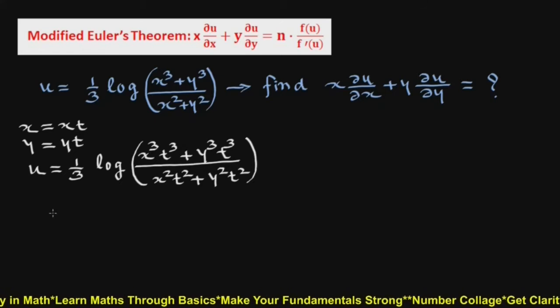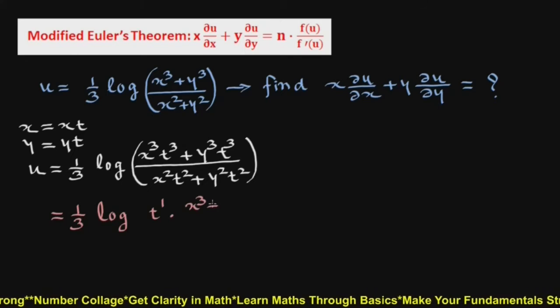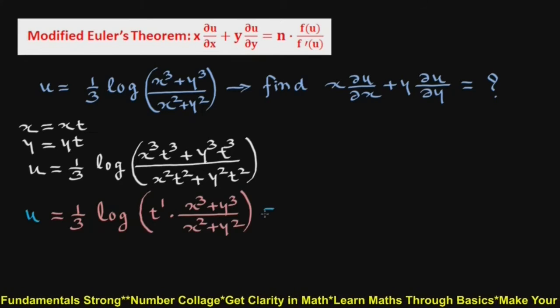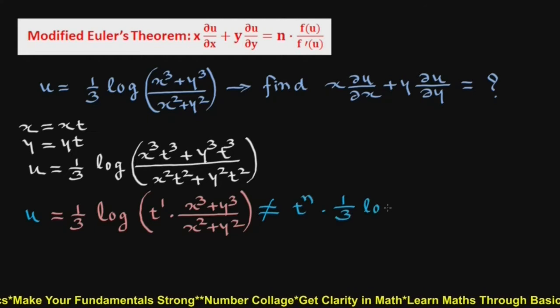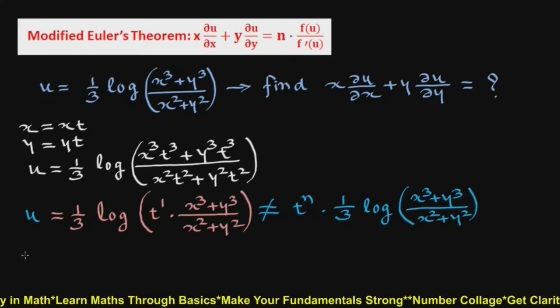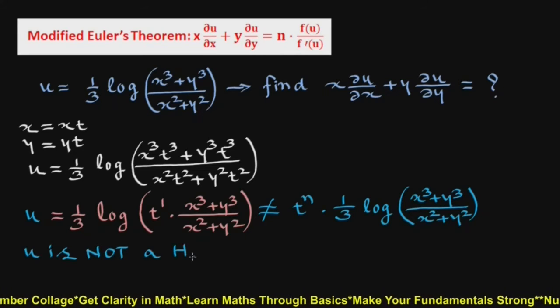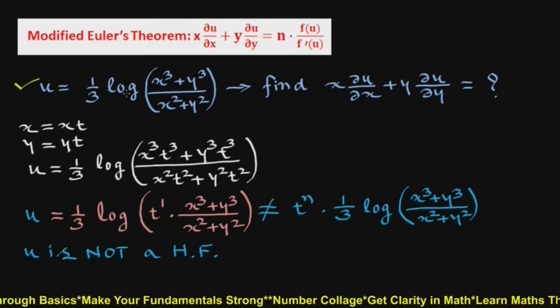That will be 1/3 log of t raised to 1 times (x cube plus y cube) upon (x square plus y square). So u is not in the form t raised to n times 1/3 log of (x cube plus y cube) upon (x square plus y square). Therefore, u is not a homogeneous function.